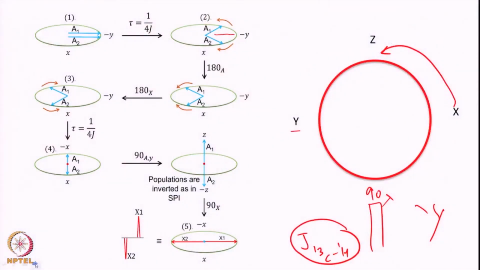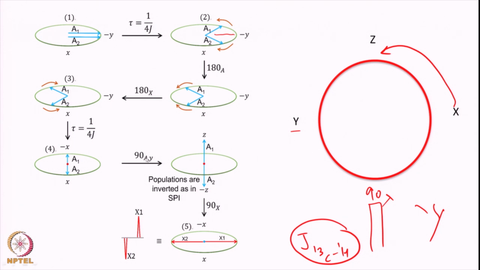Now, after again a time period tau, which is again 1 by 4J, they will align along the x axis. One will be minus x and another will be x. Then we apply a 90-degree y pulse on the A spin.